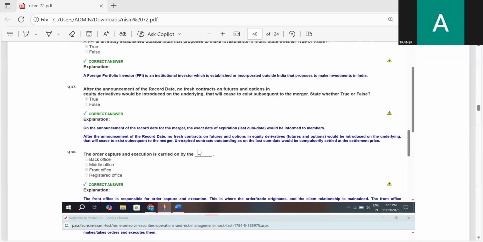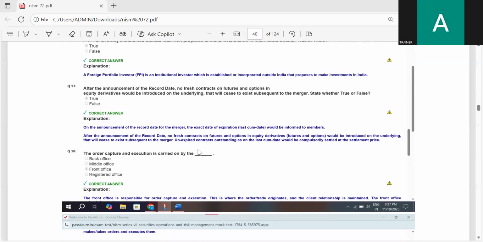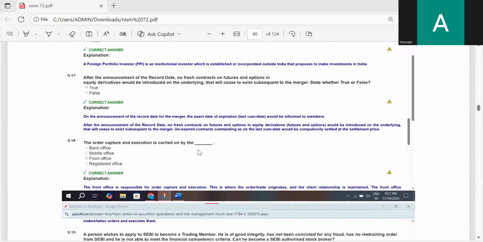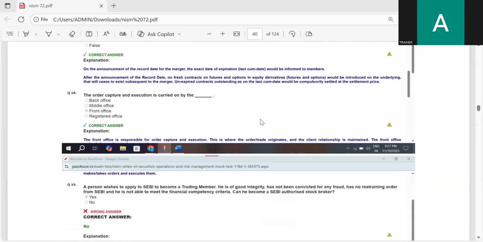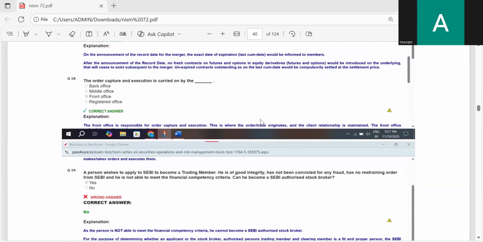State whether true or false. It is true. On the announcement of the record date, the exact date of expiration of the merged company would be informed to members. The order capture and execution is carried out by the front office.